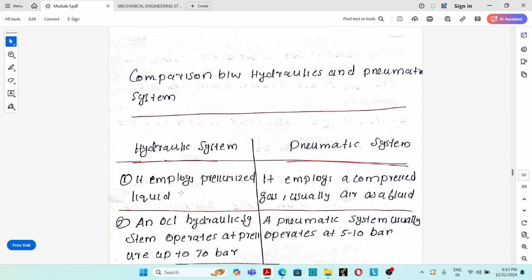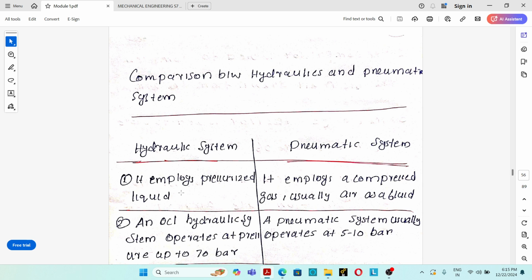So we can wind up the class now. In this section, we discussed the basics of hydraulics. What are the different modes of power transmission in an industry? What is the definition of hydraulic power, fluid power? Fluid power is classified into hydraulics and pneumatics.